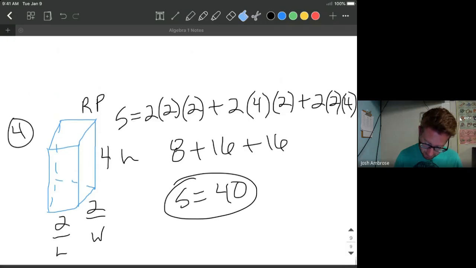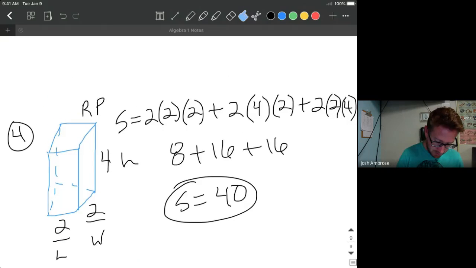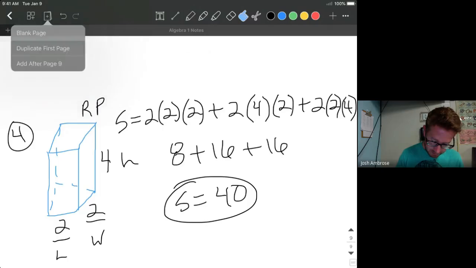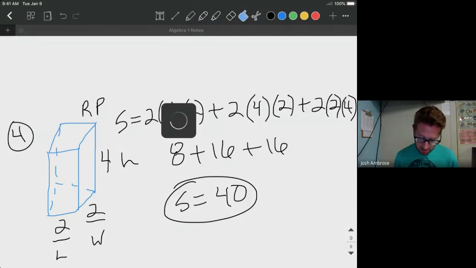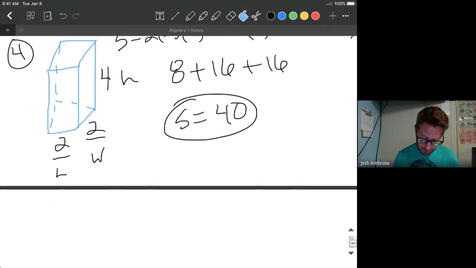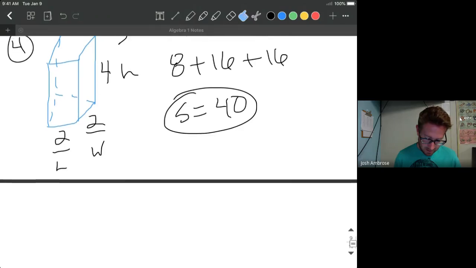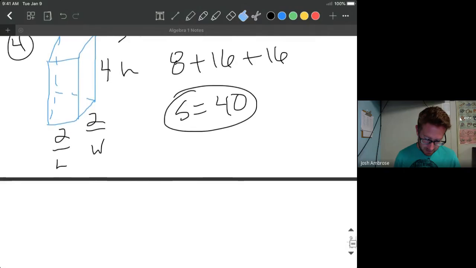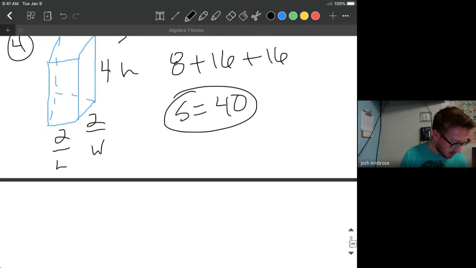Now let's see, we might need a little bit more space here. Let's add another page. All right, so there's that, and let's see if we can keep a little bit of that info right there. And now let's just calculate the last thing we need, which is our volume.